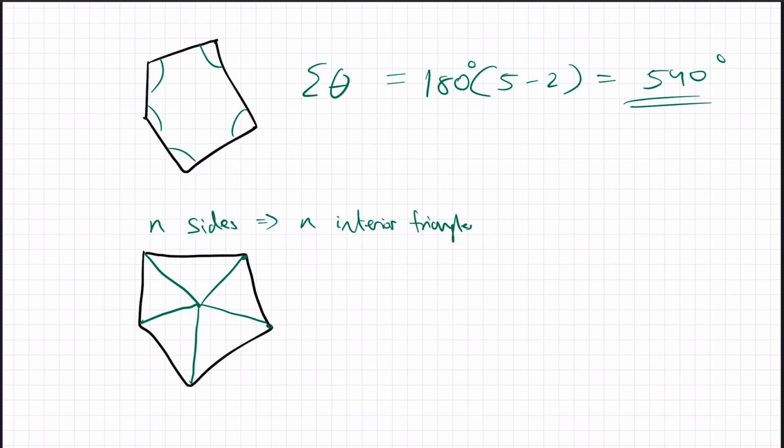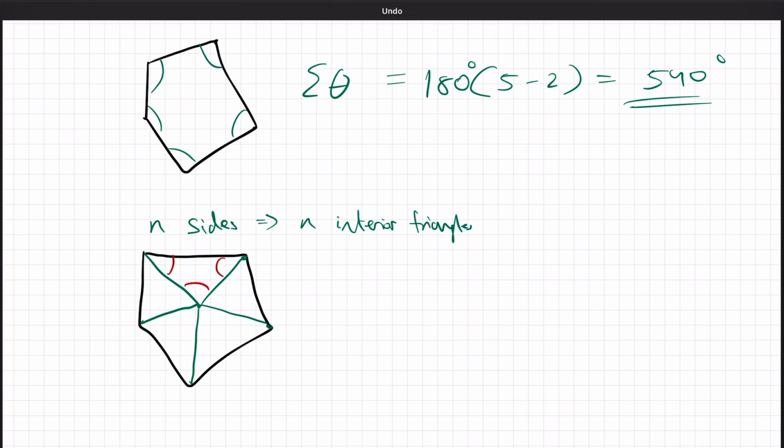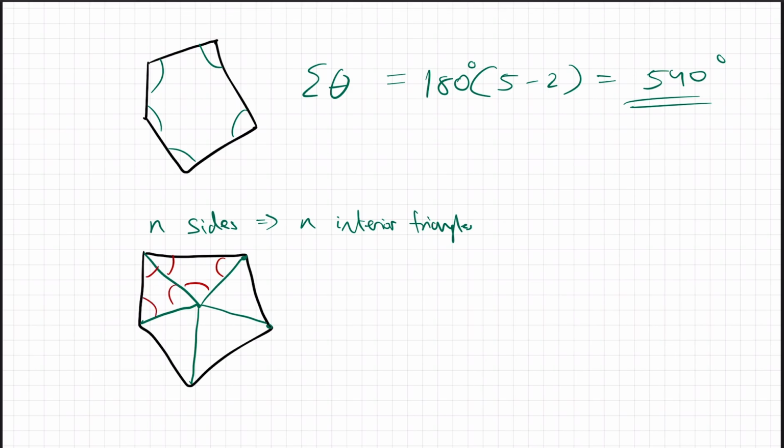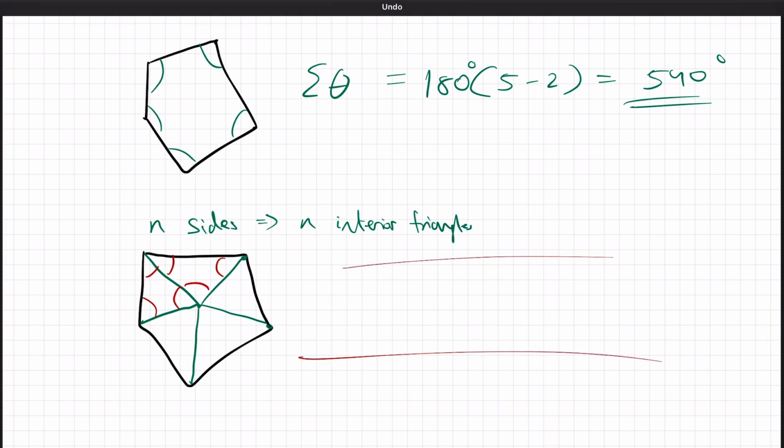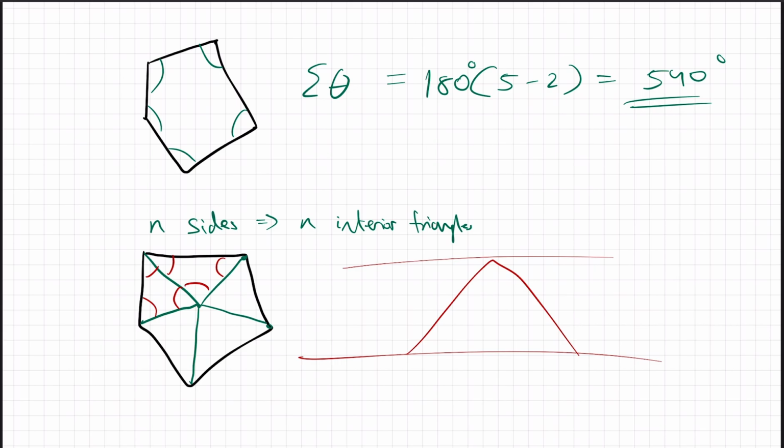Now, what we know is the sum of all angles within a triangle is always equal to 180. That's just a fact we have to know, though it can be proved other ways. For example, if we have parallel lines, this angle is equal to this angle by alternate angles, and this angle is equal to this angle.